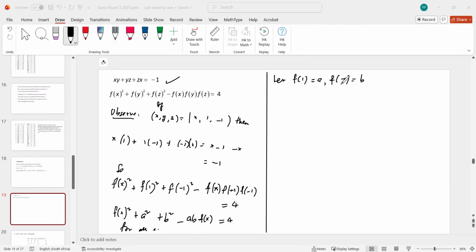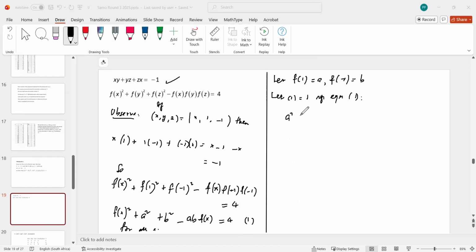Okay, so what I'm going to do now is, since this is true for every value of x, let's call this equation 1. Let x equal to 1 in equation 1. Then you'll have f of 1 squared, but f of 1 squared is a squared.